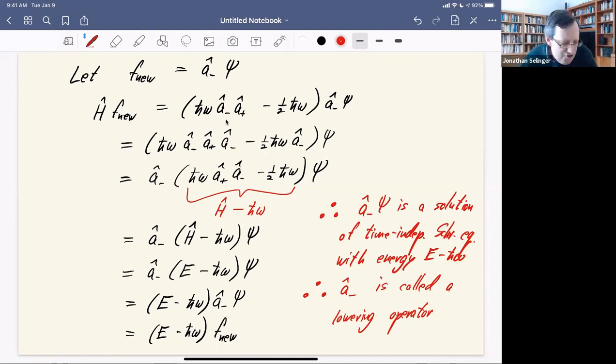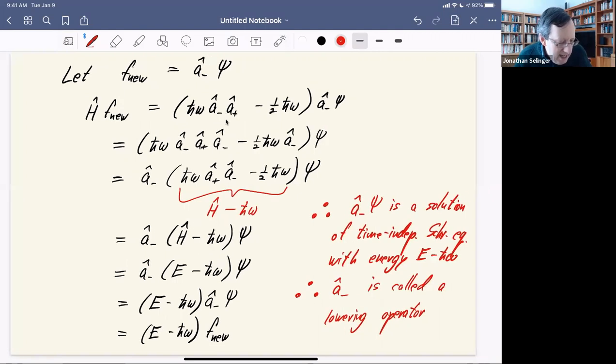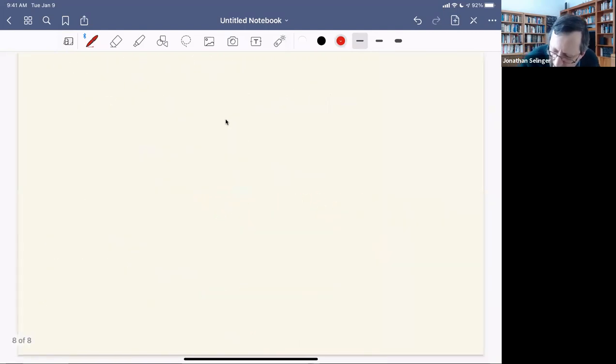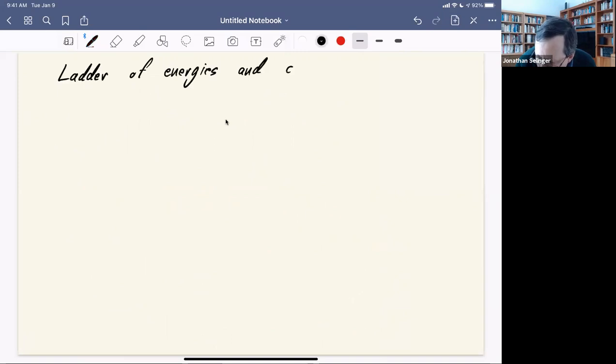So we could generate as many solutions as we wanted. Okay, so that means we get a ladder of energies. There is a ladder of energies and the corresponding states.